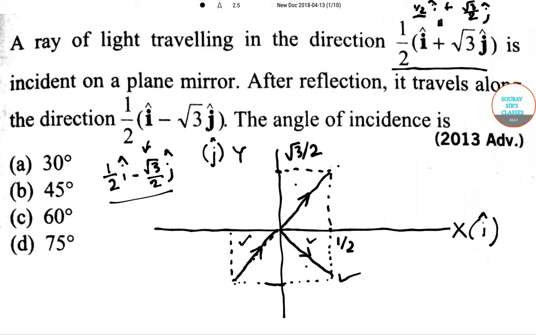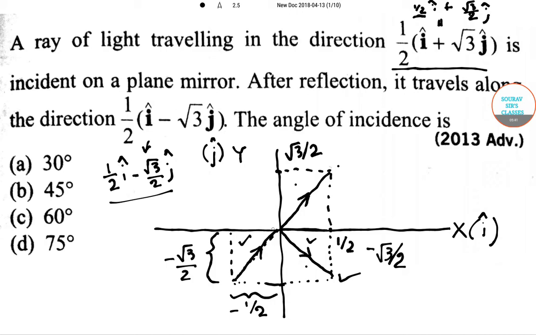Since this much part is half and this much part is minus of root 3 divided by 2, hence we can also say that this much part is minus of root 3 by 2 and this much part is minus of half. Why minus?